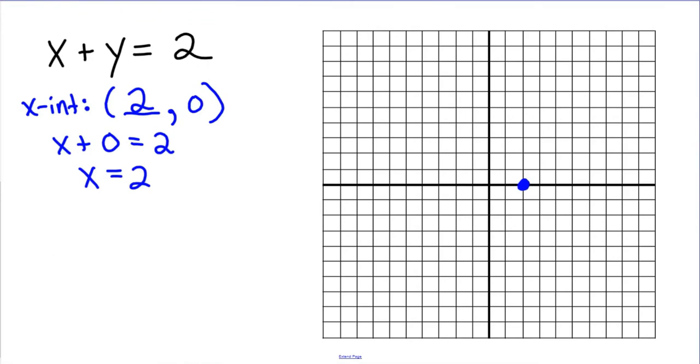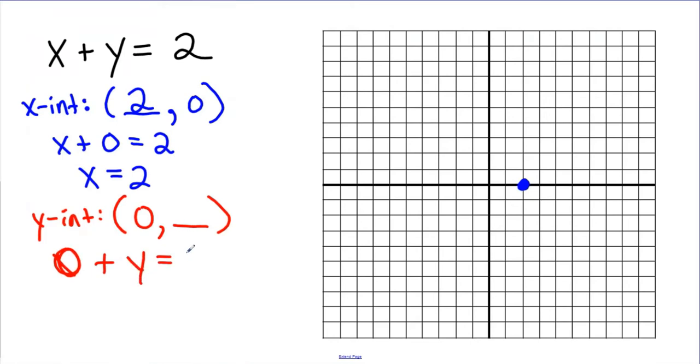There. And then to find my y-intercept, this is going to have an x value of 0, and it's going to have a y value. So I say, 0 plus y equals 2. That means y equals 2 when x is 0.